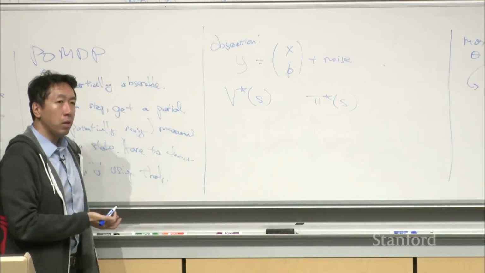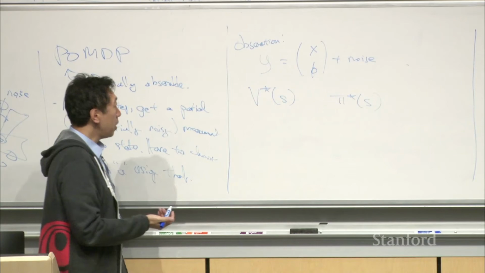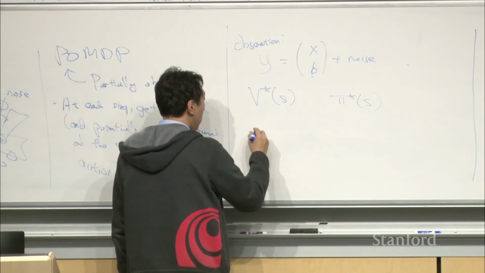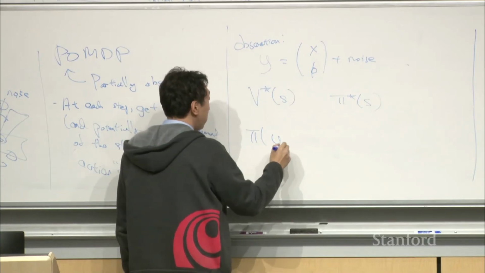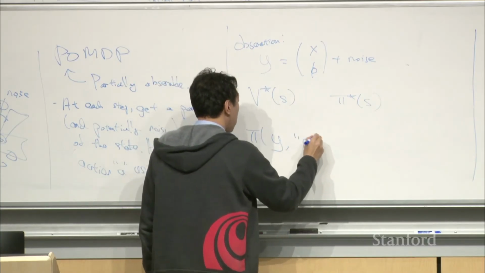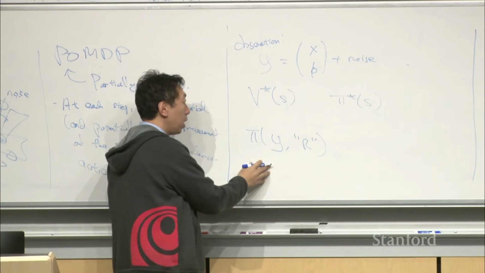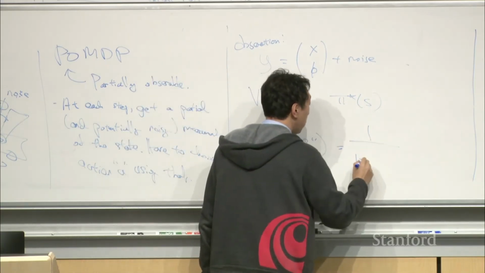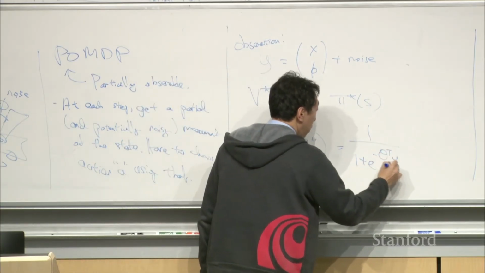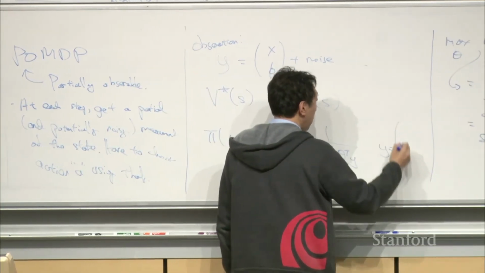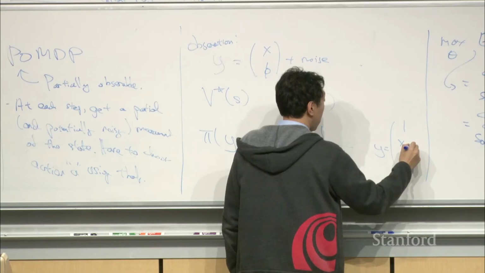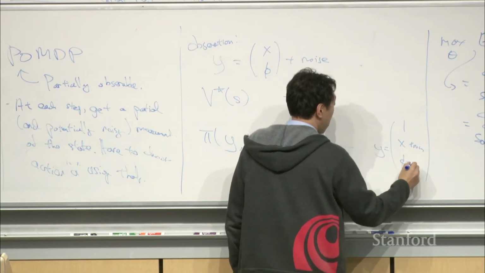If you're using direct policy search, then here's one thing you could do, which is you can say that pi of, given an observation, the chance of going to the right, given your current observation, is equal to 1 over 1 plus e to the negative theta transpose y, where y can be 1, x plus noise, phi plus noise, right?